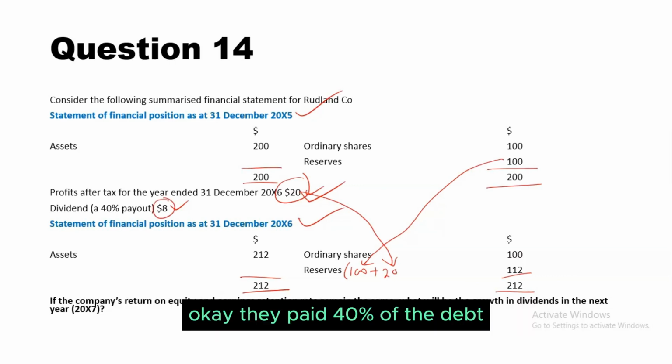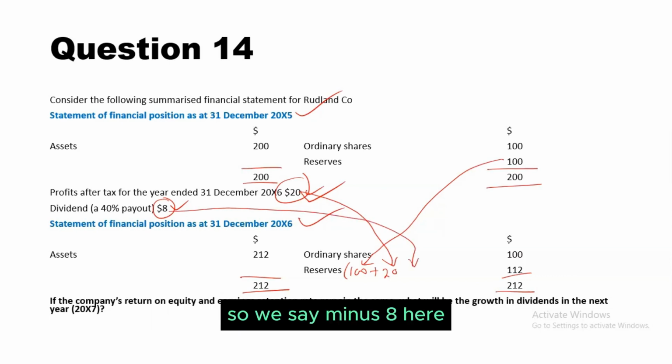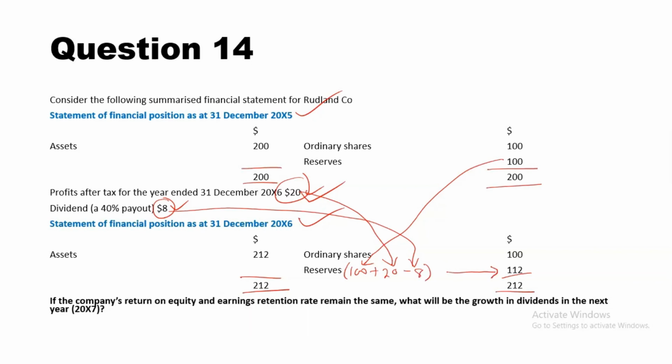They paid 40% as dividend. 40% of 20 was 8. So $8 was deducted, so we say minus 8 here, and we arrive at this particular figure. Are we together, ladies and gentlemen? Are we seeing the movement?